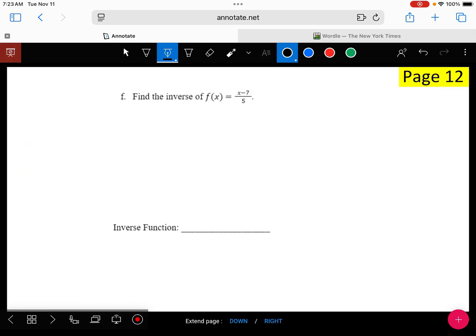All right, let's do the same thing. Instead of f of x, you have y equals x minus 7 over 5. Let's switch our x and y.